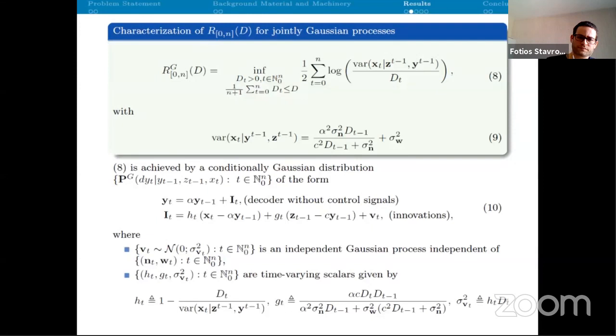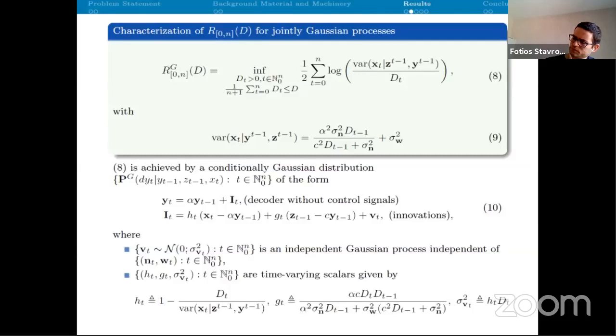Now, 8 is achieved by a conditionally Gaussian distribution that admits a linear Markov realization given in equation 10. This realization is non-trivial to be found and requires Kalman filter recursions, a solution of nonlinear equations, and mean square error estimation theory.